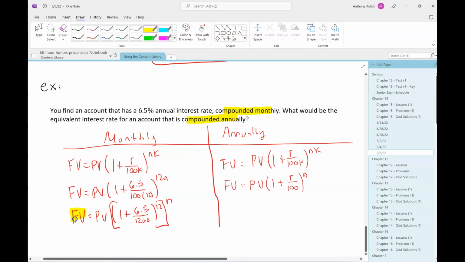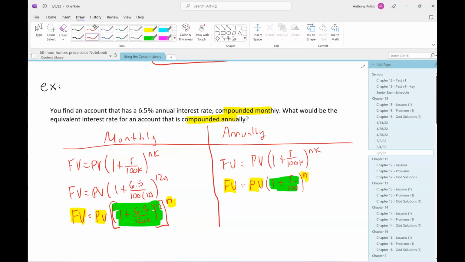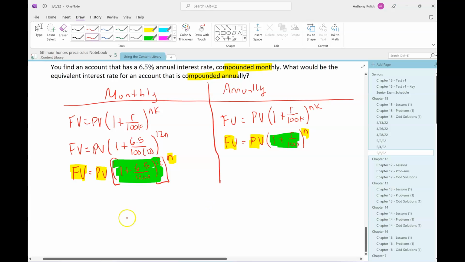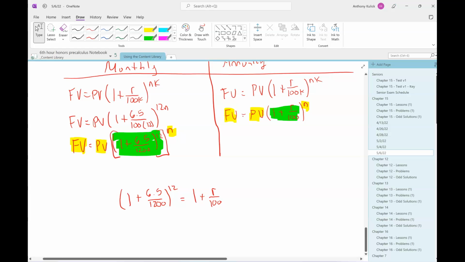Now let's compare. Same, right? And if these two equations need to do the same thing, which is what it was asking for, I can take this stuff and set it equal to that stuff, right? If these two equations have to have the same result, everybody buy that? So to solve this for R, what do I need to do?